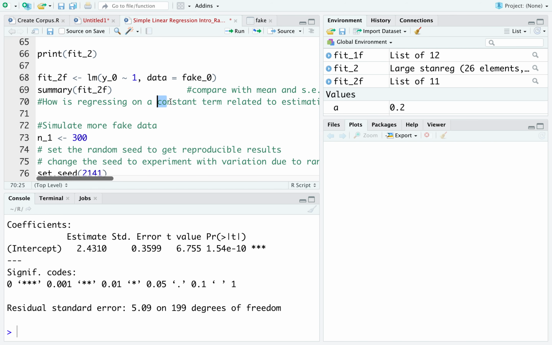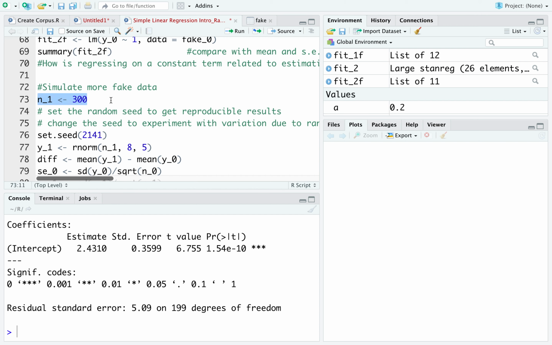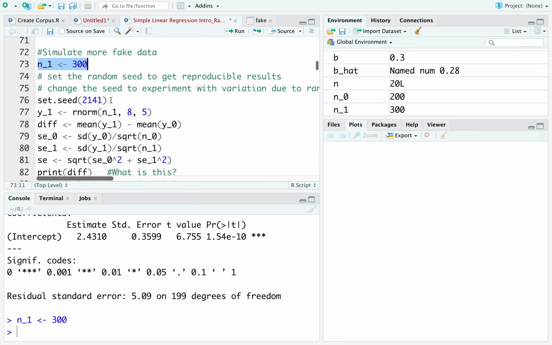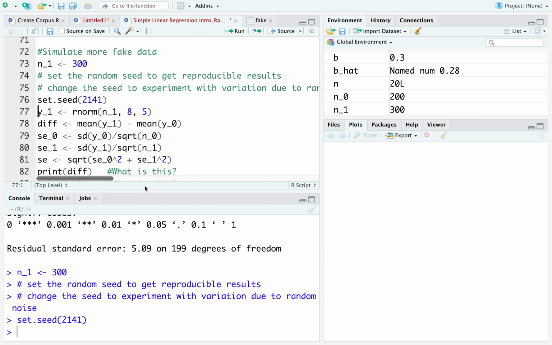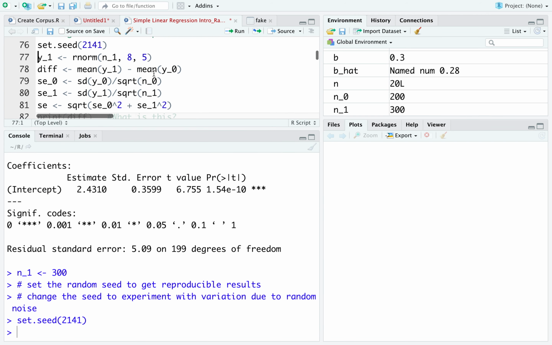Let's go one step further. We're going to have 300 observations. And again, set the seed, same seed as before. And we're going to draw our y, our dependent variable in a regression. There's no regression yet, but we're going to have a variable y1, which has a normal distribution, has mean 8 and standard deviation 5. We're going to draw 300 observations.